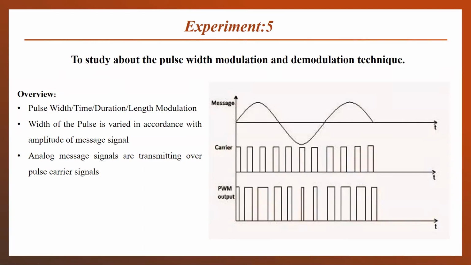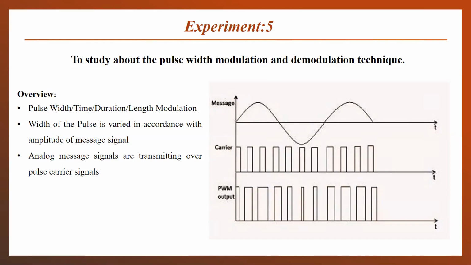Pulse width modulation. So what is pulse width modulation? In this technique, we will vary the width of our training pulses, or we can say our carrier signal. The width of the carrier signal is varied according to the amplitude of the message signal at that instant. At a particular instant, what is the amplitude of the message signal?